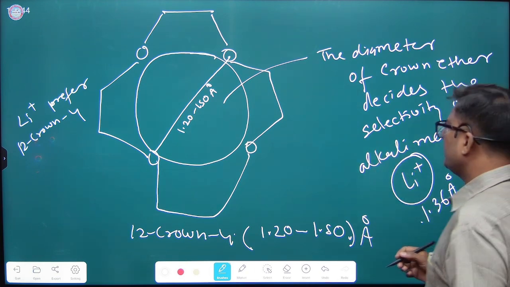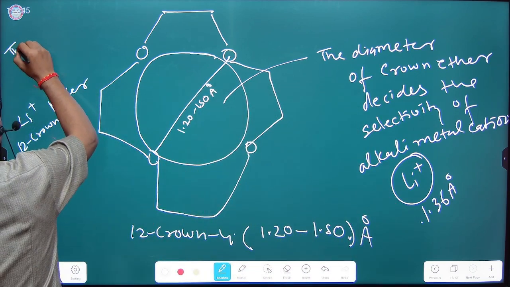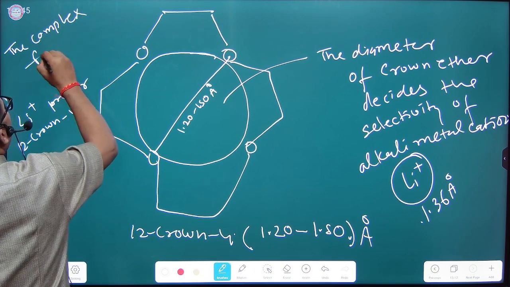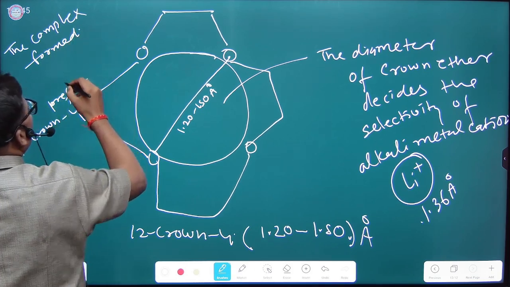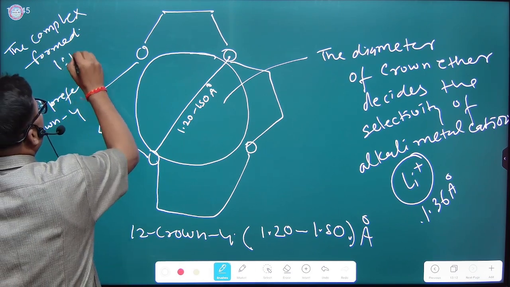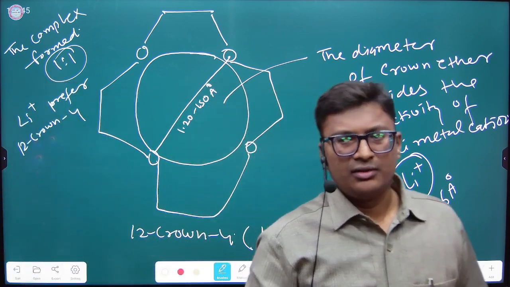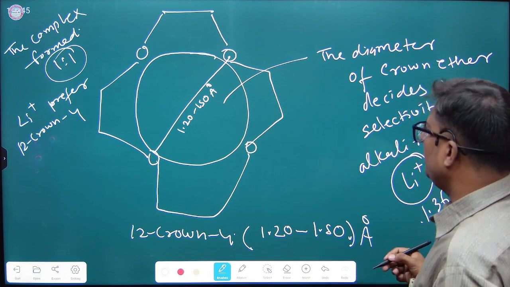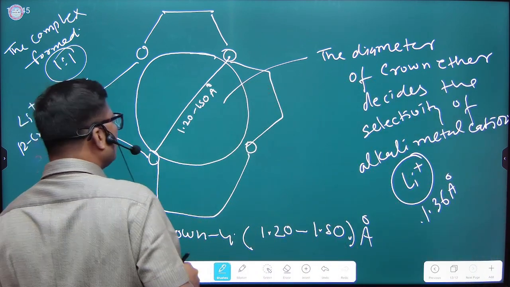So the complex formed through the crown ether is 1:1, meaning one metal cation can be accommodated in one macrocyclic crown ether, right?